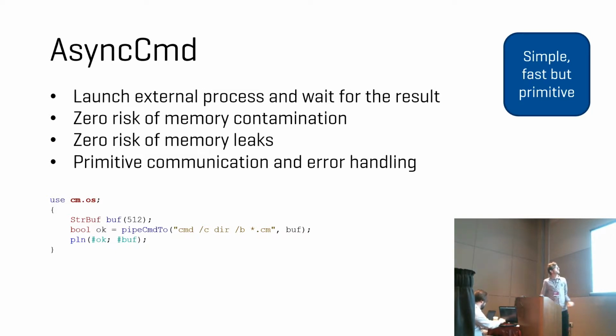This example here is actually not asynchronous, and if you're calling commands, you should probably do it asynchronously, so you don't stop the whole CT process while you're waiting for the result. But I'd like to show this anyway because this is very useful. So this pipe cmd2 will do this command and pipe it to this string buffer, so you can actually print out the result immediately, which is very good when you are getting it working, as you get the output and everything.